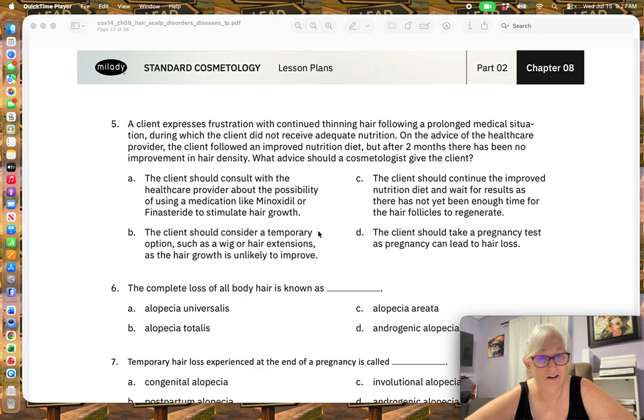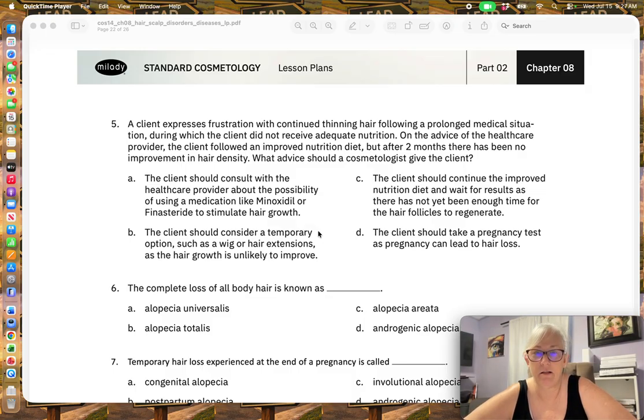It's also not going to hurt them to talk about hair extensions or a wig. But the key there is it says, as the hair growth is unlikely to improve. Well, if they have adequate nutrition after a medical situation, their hair should improve. There should be no reason why it shouldn't.